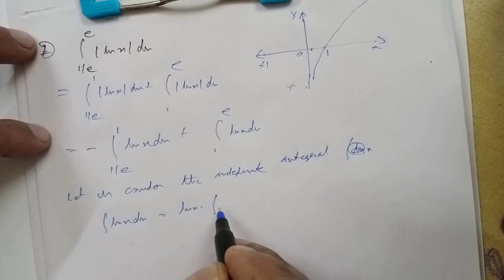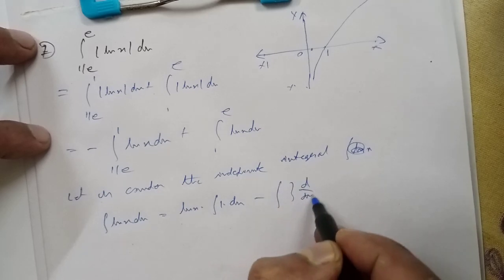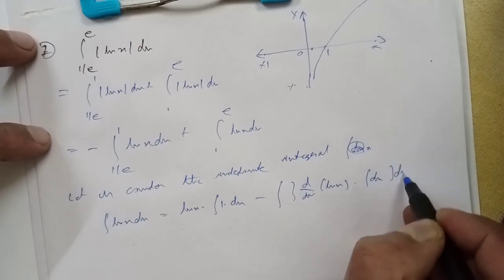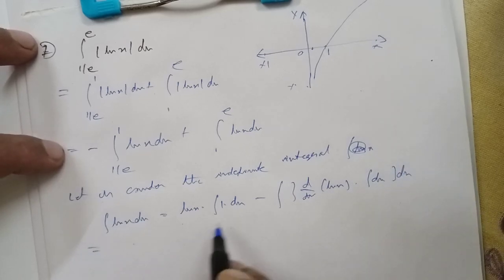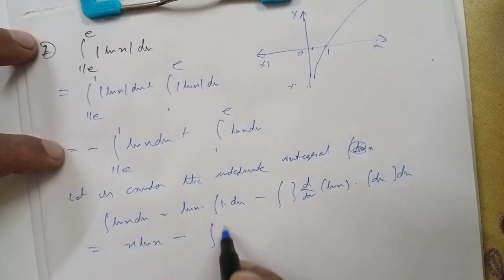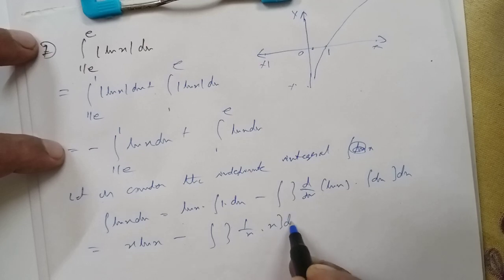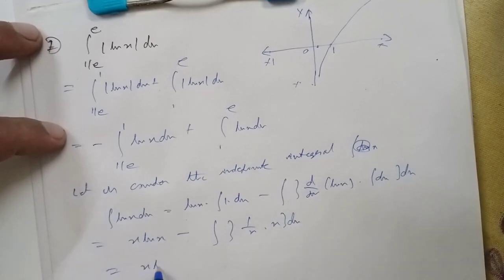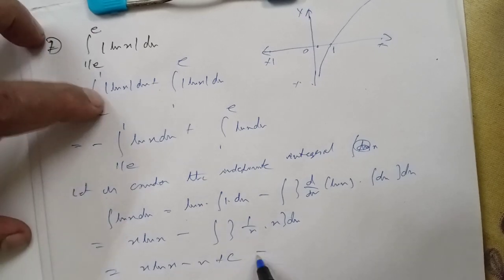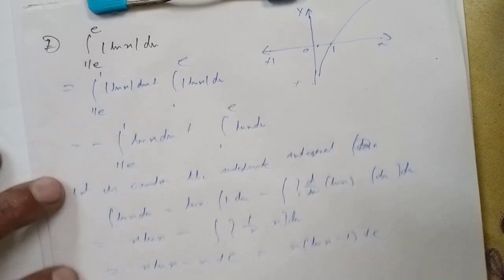So ln x integration 1 dx minus integration of d by dx of ln x times integration of 1 dx, dx. Next, this is x. So x ln x minus integration of d by dx of ln x is 1 by x, integration of dx is x, then dx. So you get x ln x minus, this is 1 dx, that is x plus c. So finally you can write it as x into ln x minus 1 plus c.